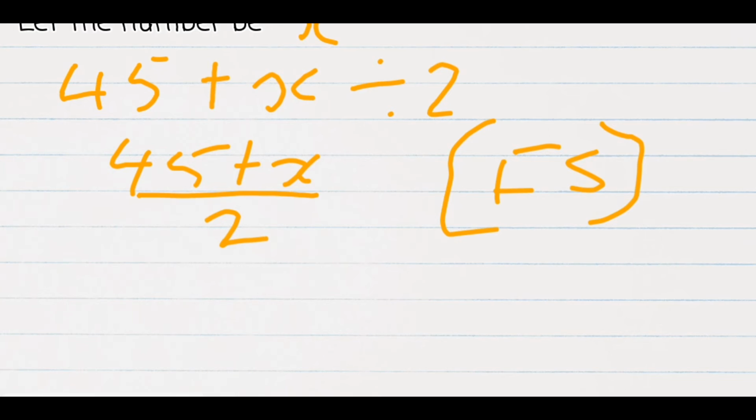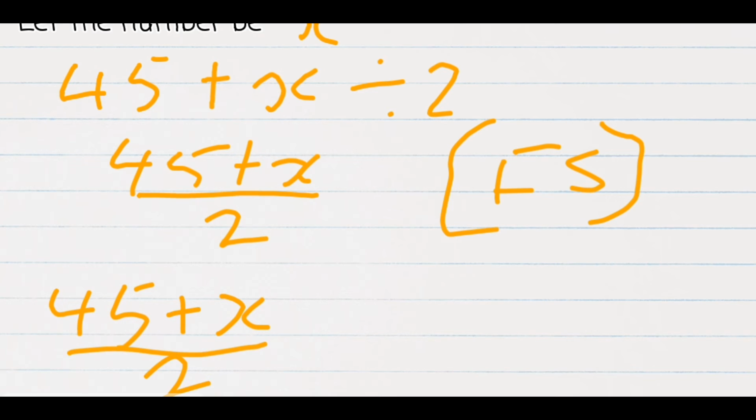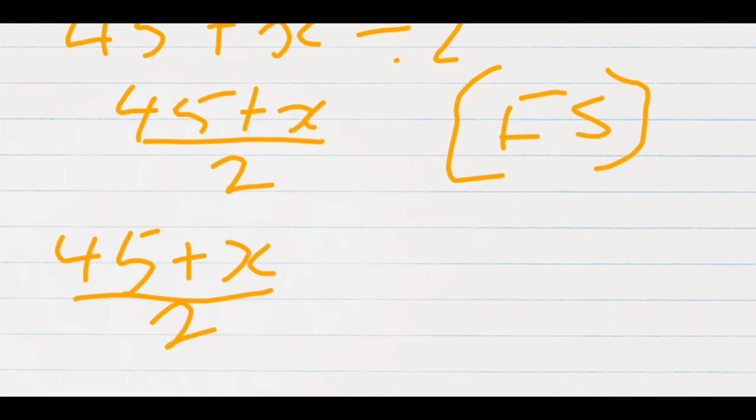Now, from the second sentence, it says the final result is the same as 5 times the number, meaning 45 plus x all over 2 is equal to 5 times the number, which is equal to 5 times x.